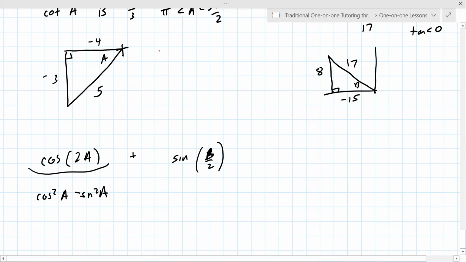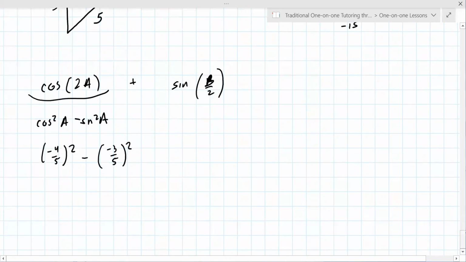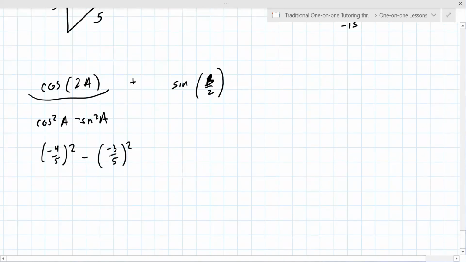Some students actually write out sine, cosine, and tangent. I think that's slow. I would just write them out as I need them. So that's minus 4/5 squared minus, and then sine A is minus 3/5 squared. So that's 16 over 25 minus 9 over 25. So we got 7 over 25 for that.